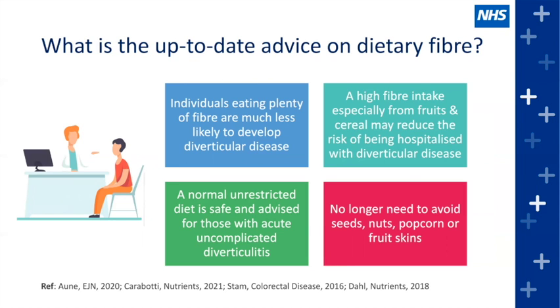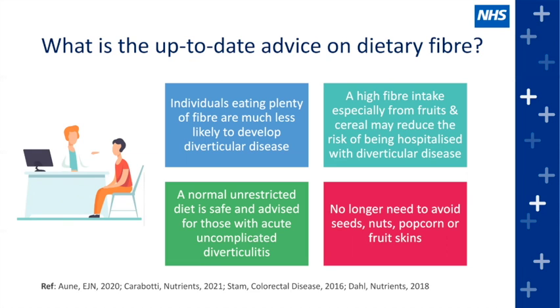Okay, and actually the increase in fruit and cereal fibre can actually reduce the risk of being hospitalised. So once you've got diverticular disease, you're less likely to get diverticulitis, the itis being the infection, if you're having more fruits and cereal in your diet. So that's new evidence that's come out showing you might actually reduce your risk of being hospitalised by having more fibre.